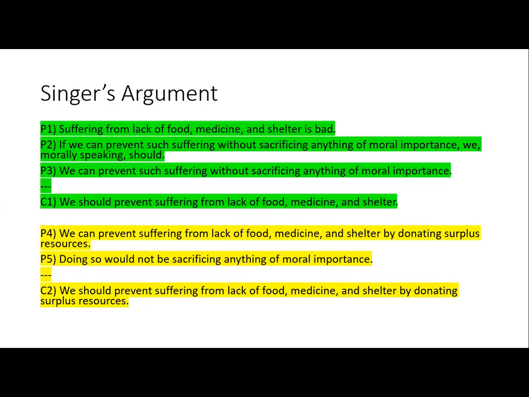Yes, his life has changed, but he didn't sacrifice anything of moral significance. Right, because he could live a perfectly comfortable life, like many of the rest of us. Maybe not all of us, but many people who get by on not $1 billion a year.